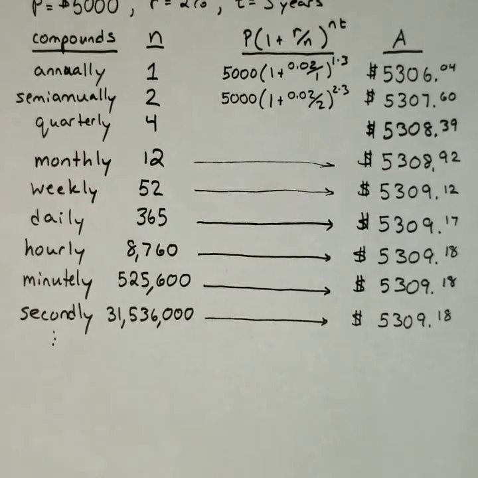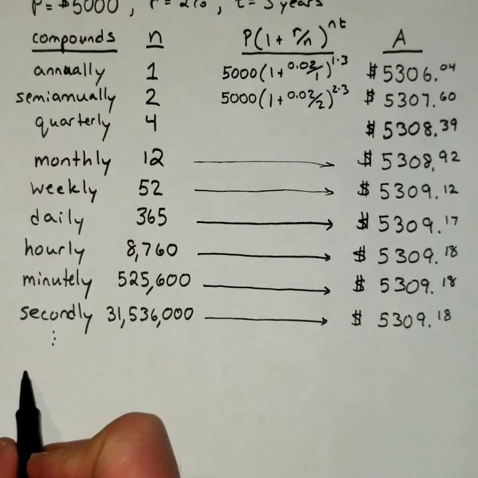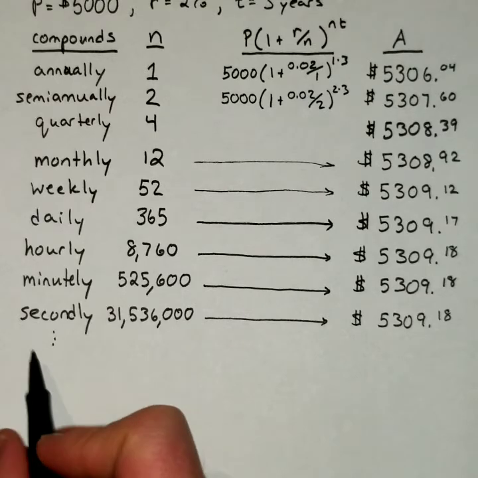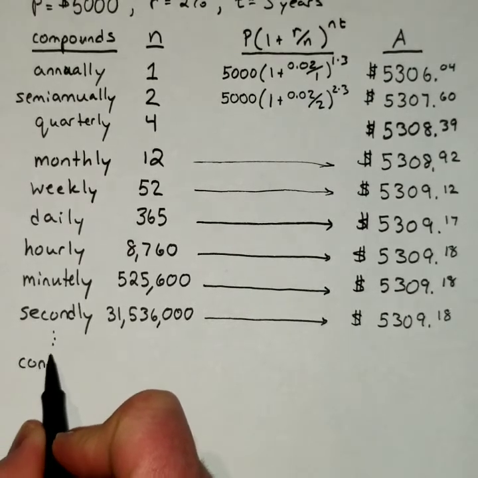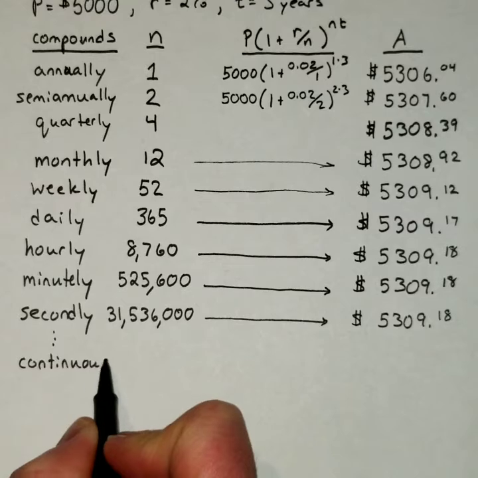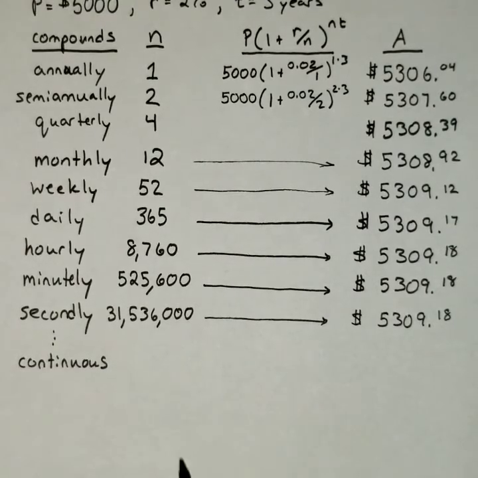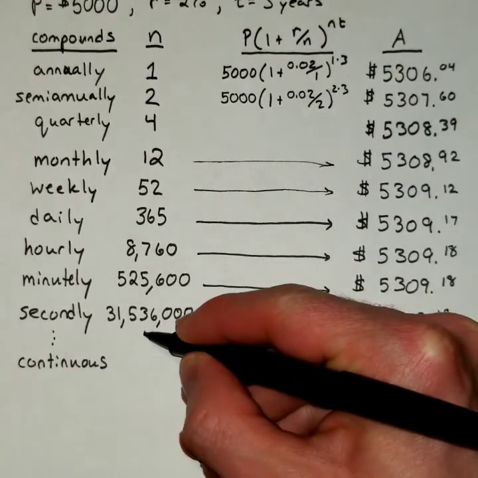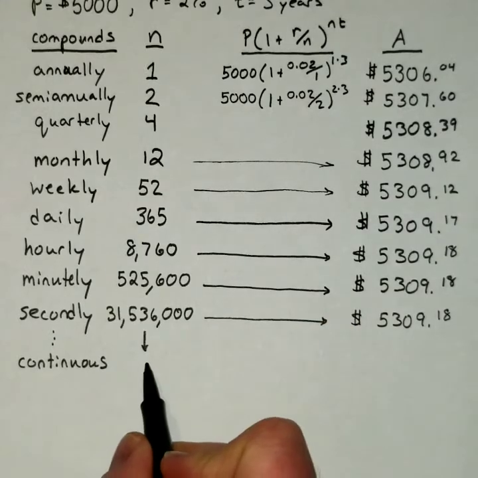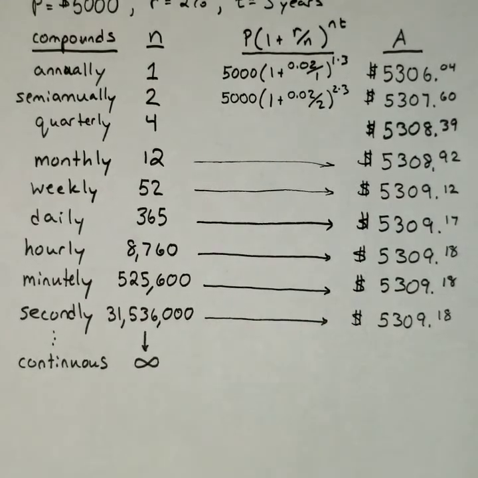If you continue this pattern on, we call it continuous compounding. Continuous compounding is essentially an n value that approaches infinity. It's not exactly infinity because you can't plug in infinity. That's why I'm drawing an arrow there, because we usually represent moving toward infinity with an arrow, not equaling infinity.